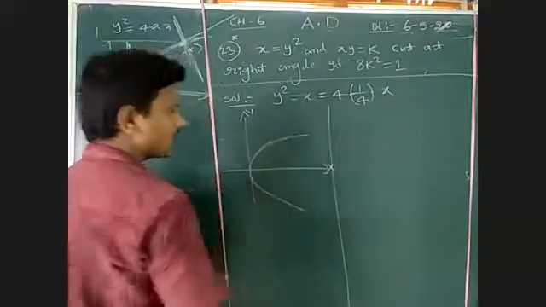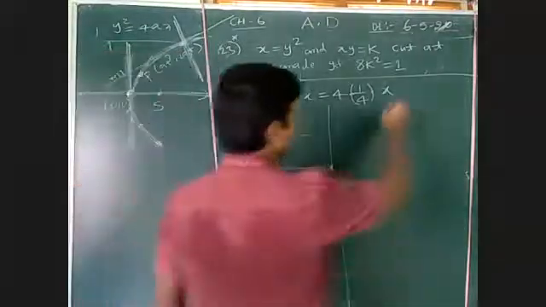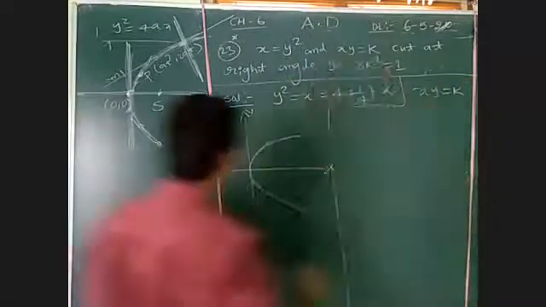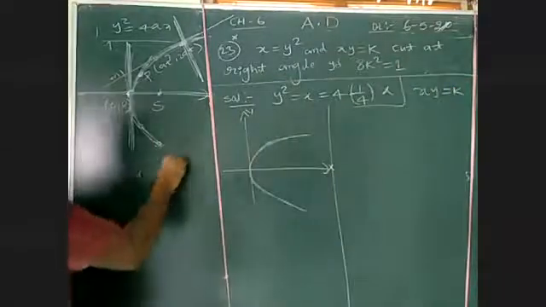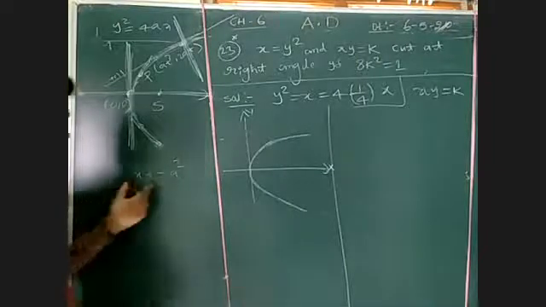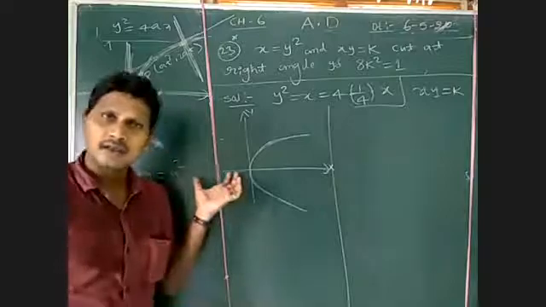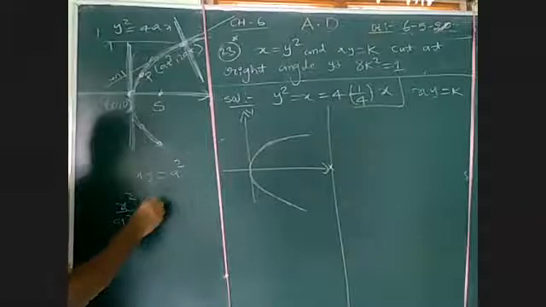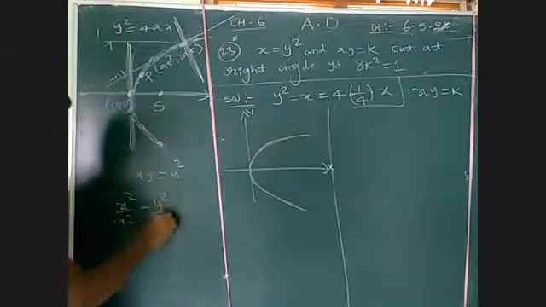y square is equal to x, and the other equation xy is equal to k is in the form of xy is equal to a square or c square. This is called a rectangular hyperbola. The hyperbola equation is studied in conic sections: x square by a square minus y square by b square is equal to 1.